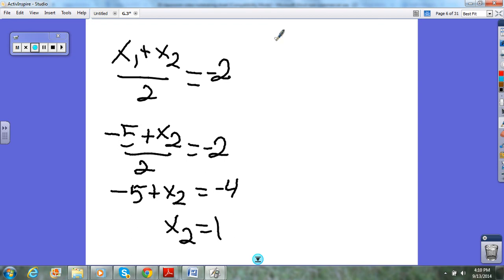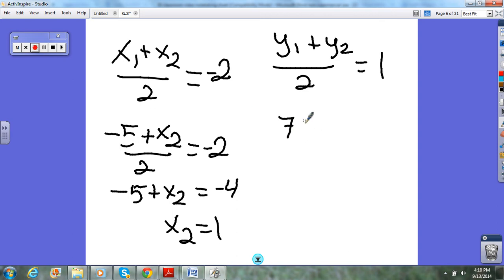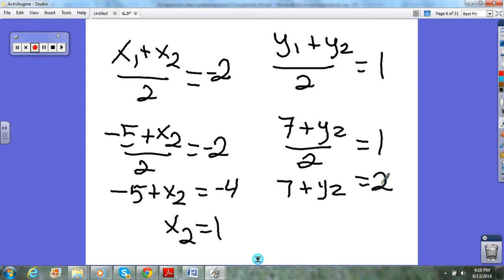So we go through and do the same thing for y. We're going to take y1 plus y2 all over 2 equals 1. Substitute our y-coordinate for point C, which was 7. So 7 plus y2 divided by 2 is equal to 1. Multiply by 2, we get 7 plus y2 equals 2.